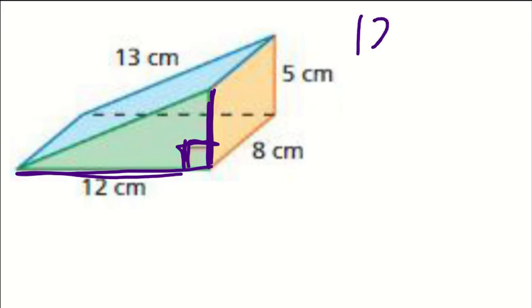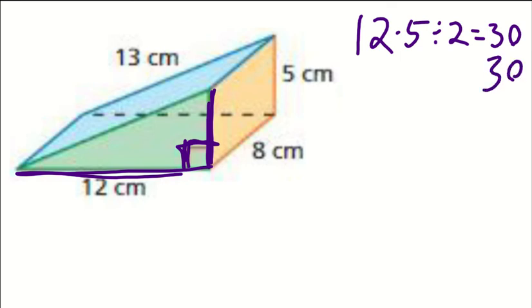So I've got 12. That one's easy. What's the height? 5. Sometimes you got to move it from one part to the other. So we got 12 times 5 divided by 2. So 12 times 5 is 60. 60 divided by 2 is 30. How many triangles are there? 2. I'm just going to put 30 again, but it'll bring you right back to 60, won't it?